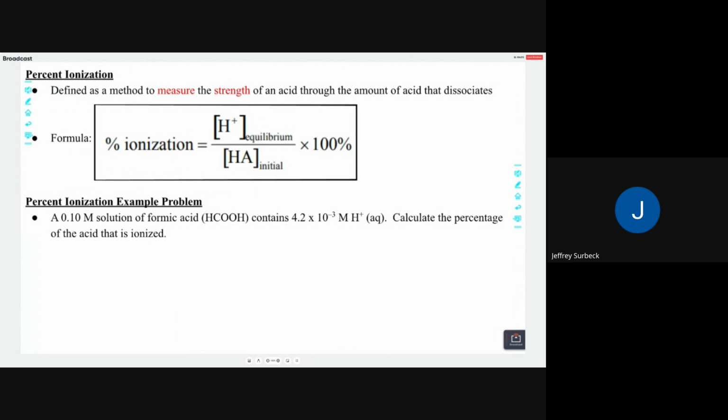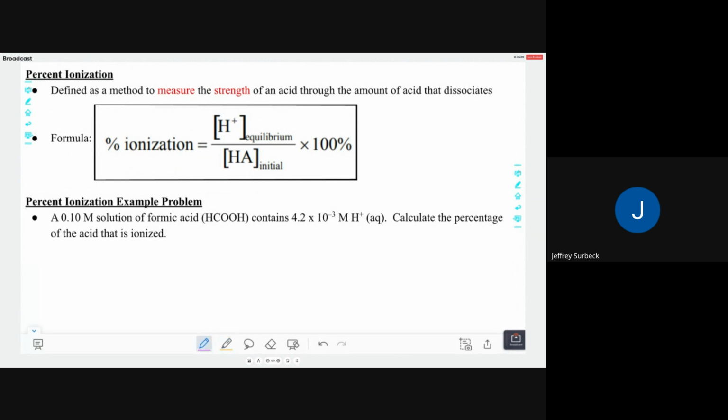Okay, so here we go on this. Same problem here. I used our numbers that we found from our info, and so we're just going to plug some numbers in. Again, this is a copy and paste of the problem. You want to see how much actually became that acid, or how much actually broke apart from our particular acid there. So percent ionization. All we're going to do here is this.